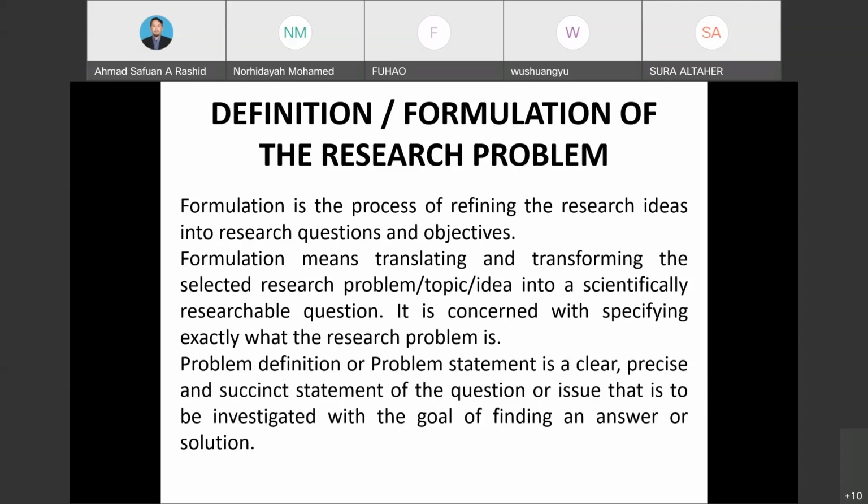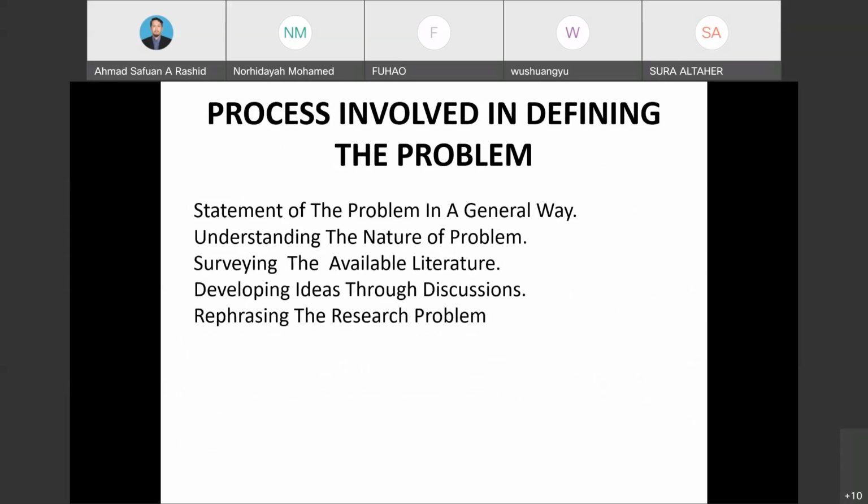Problem definition or problem statement is a clear, precise, and succinct statement of the question or issue that is to be investigated with a goal of finding an answer or solutions. So this is just how we define the problems.